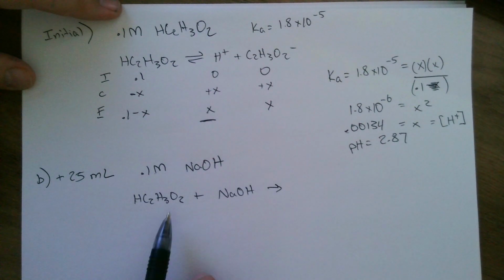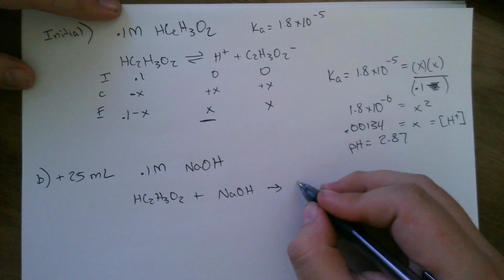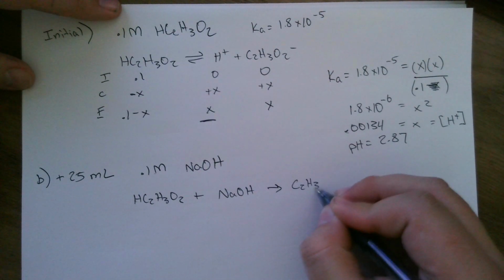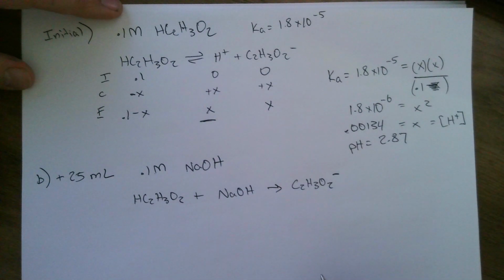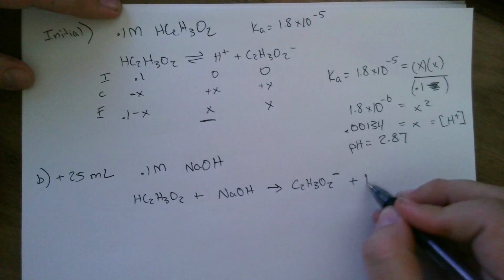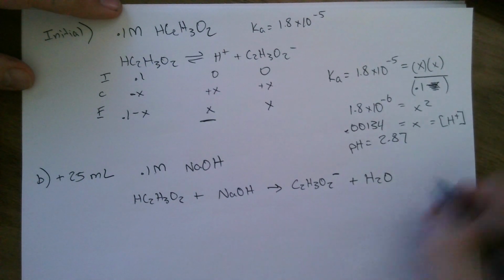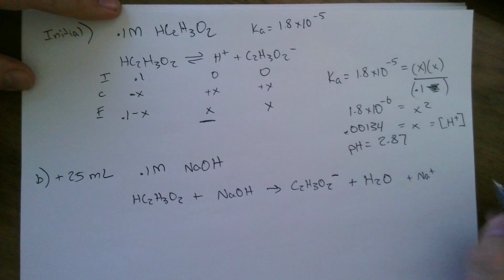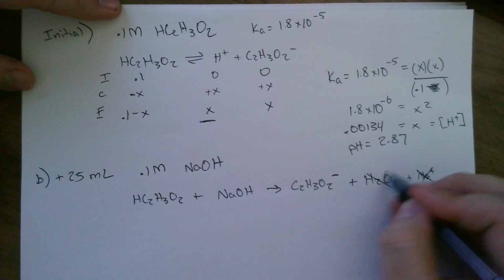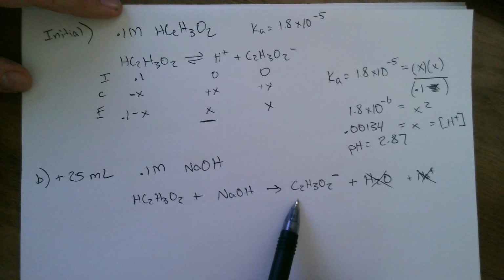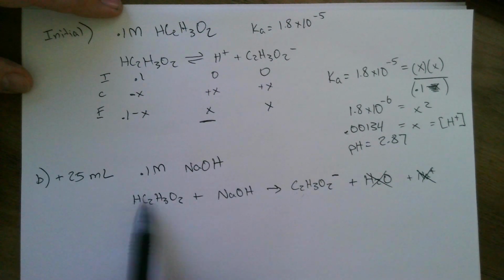This time, though, the products matter. One of my products will be C2H3O2 minus. The other one is just water. There's also an Na plus floating around, but nobody cares. Also, nobody cares about water. This is the only one that really matters. This is your conjugate base. So this makes a bit of a buffer solution here.